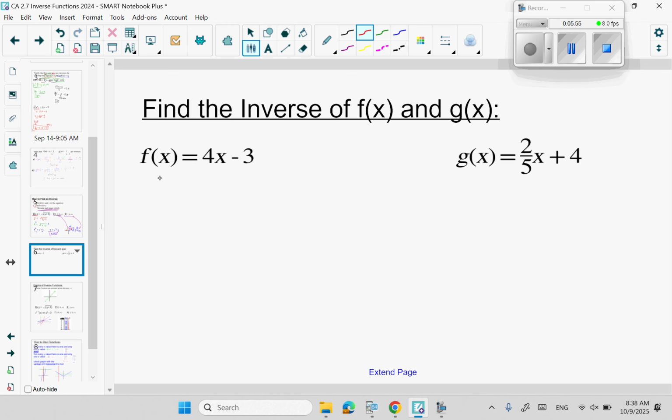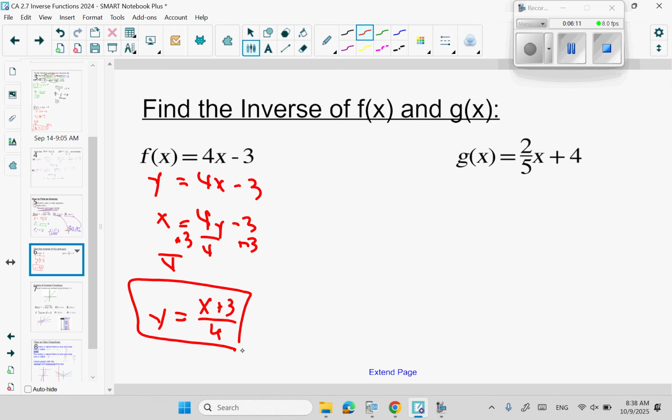Find the inverses, just flip-flop the letters, and solve for y. So add 3, divide by 4, divide by 4. We get y equals x plus 3 divided by 4. Same idea.